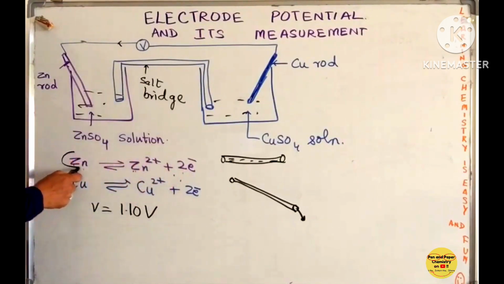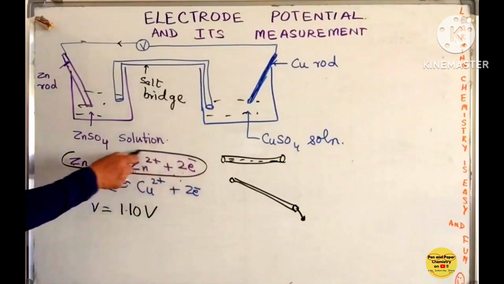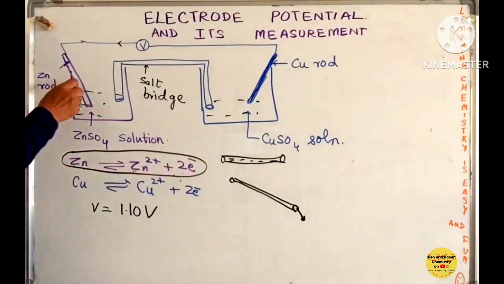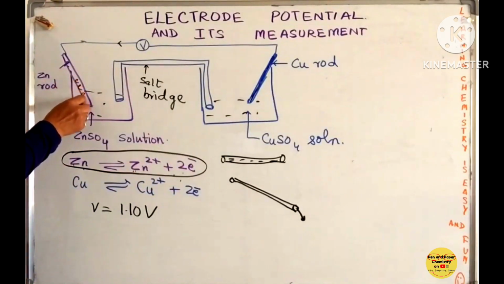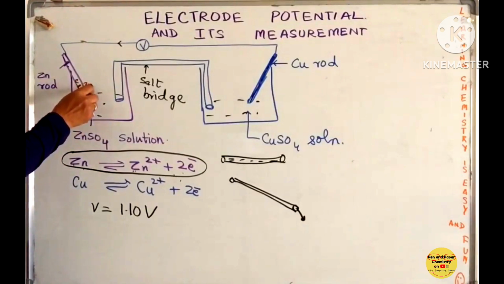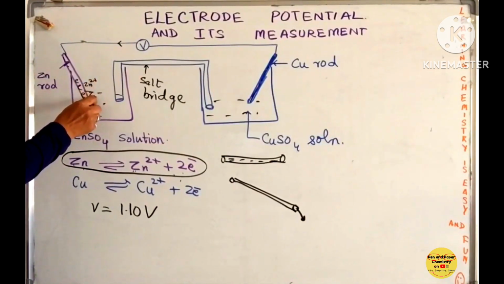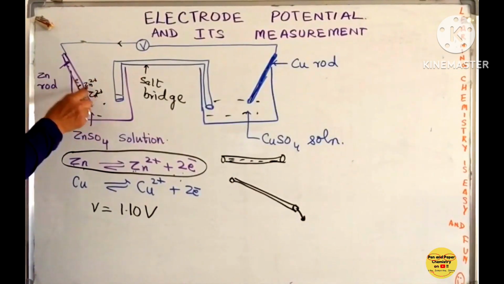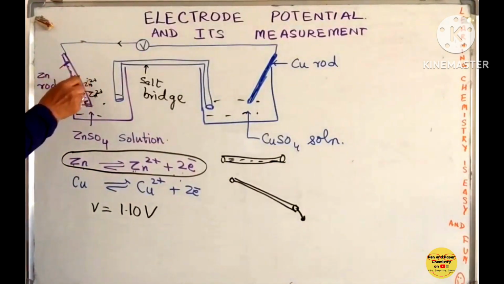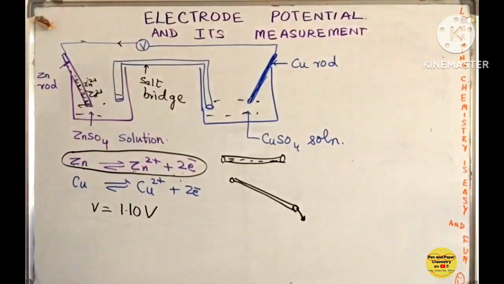So in other words, there is an equilibrium over here. Because of this equilibrium, there are electrons deposited onto the rod. Because of the electrons, the zinc ions remain close to it. So we have opposite charges in close proximity, because of which a potential develops, right?